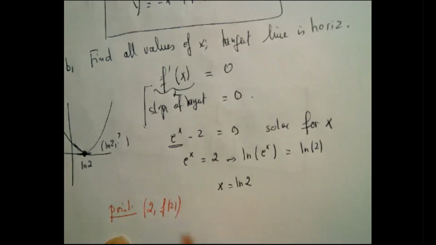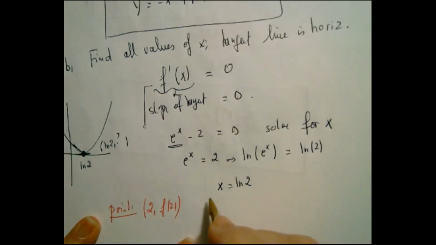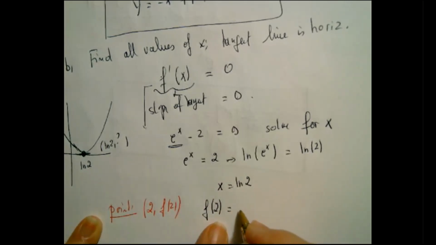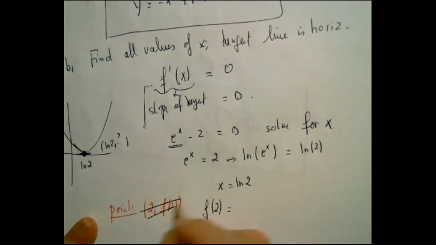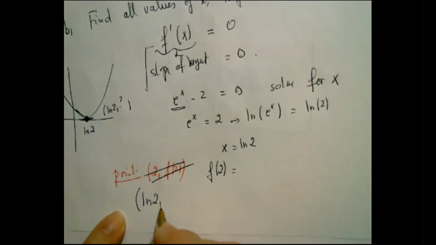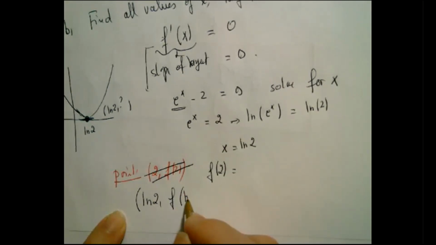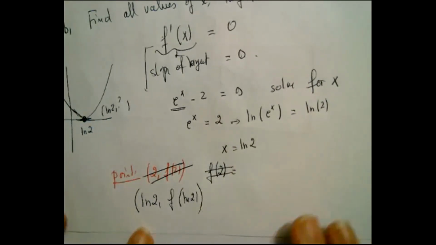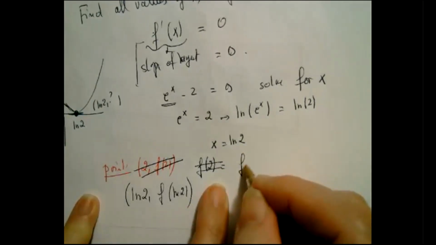Now I'm back to the graph. So let's compute f of 2 now. What is f of 2? Nonsense. Absolute nonsense. It's f at ln of 2. All right, so now let us compute the value of the function at ln of 2.